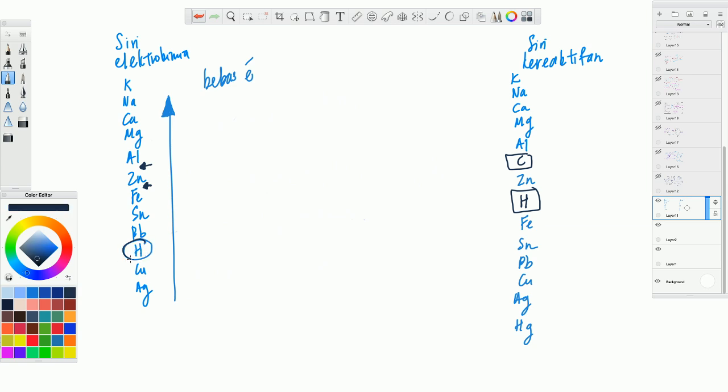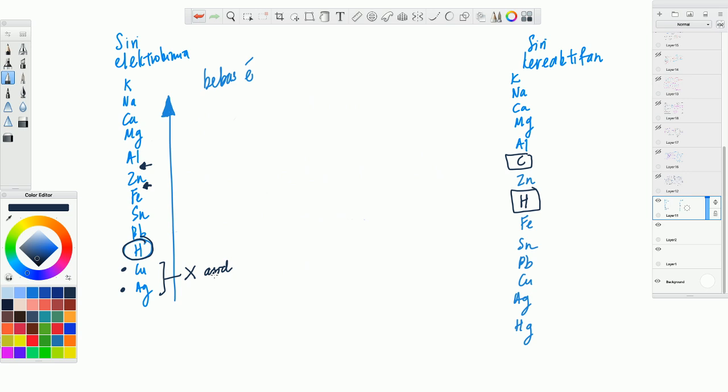Disebabkan hidrogen di sini, cuprum dan argentum, copper and silver, tidak boleh tindak balas dengan asid. Dia tidak boleh bertindak balas dengan asid kerana hidrogen lebih reaktif. Tetapi plumbum, stannum, ferrum semuanya boleh tindak balas dengan asid. Walaupun perlahan dia masih boleh tindak balas dengan asid.